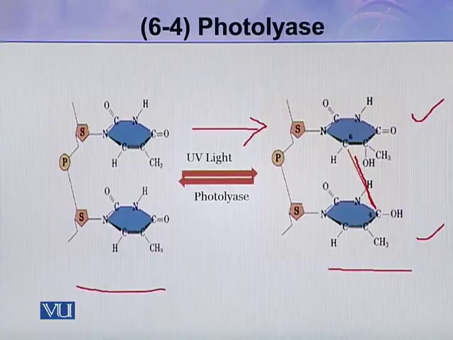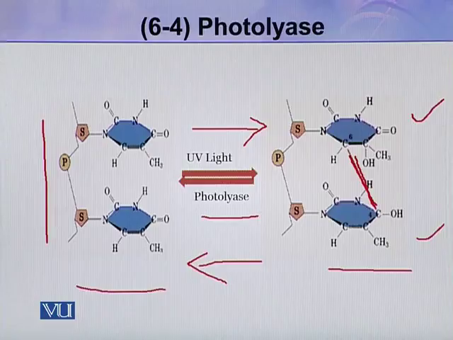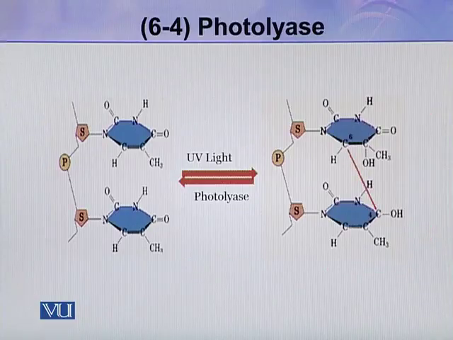And in the presence of 6,4 photolyase enzyme, this bond is broken, this is cleaved by 6,4 photolyase, and this damaged DNA can be restored as such. So this is the action of 6,4 photolyase.